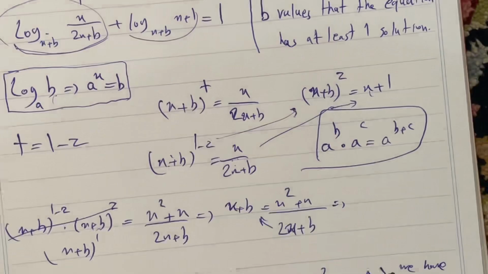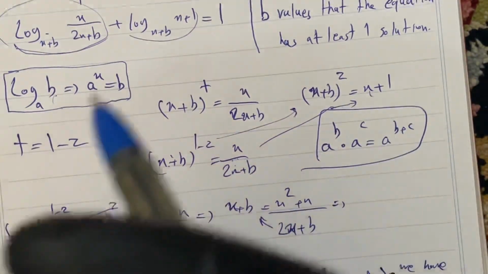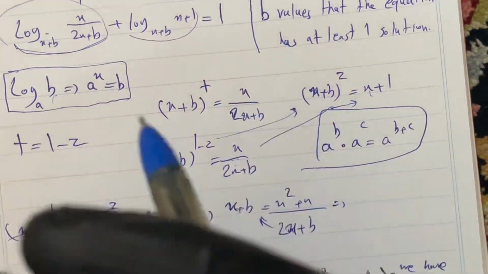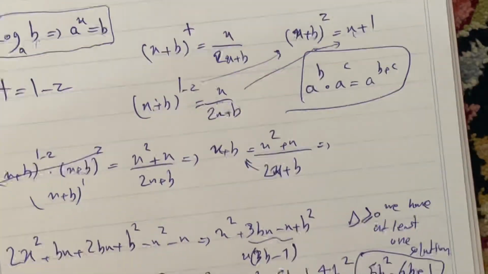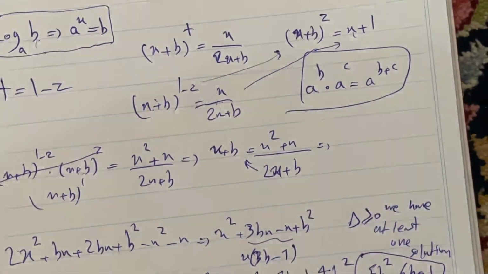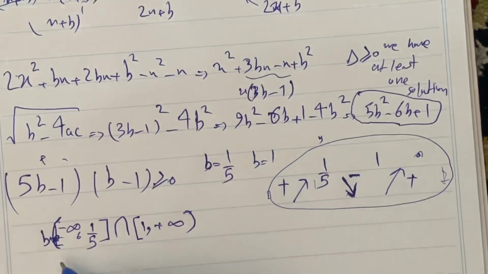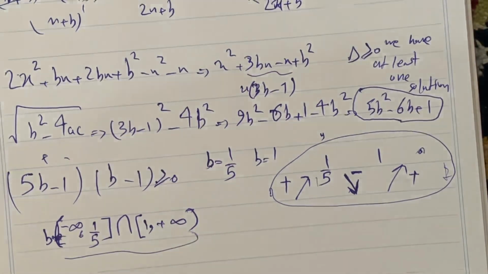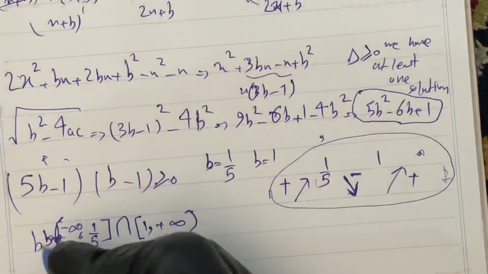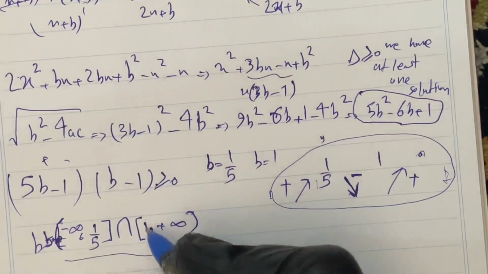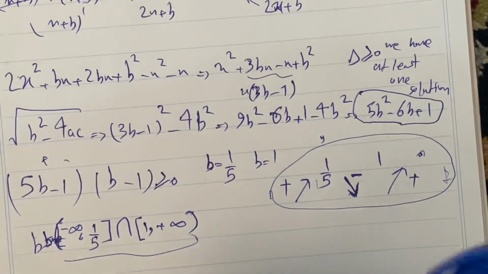Just use what I taught you. Just use the basics, the basic definitions. It's even more efficient. So yeah, that was it. This interval is our answer. b should be between negative infinity and 1 over 5, and from 1 to positive infinity.